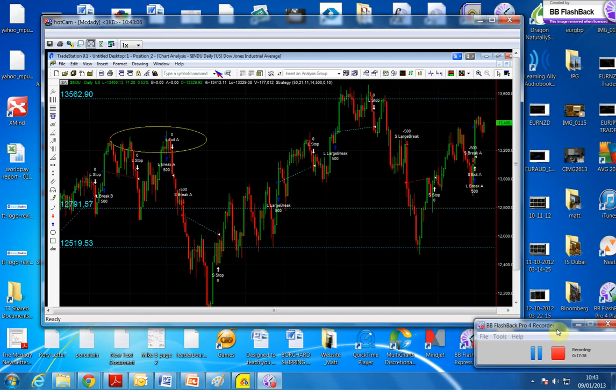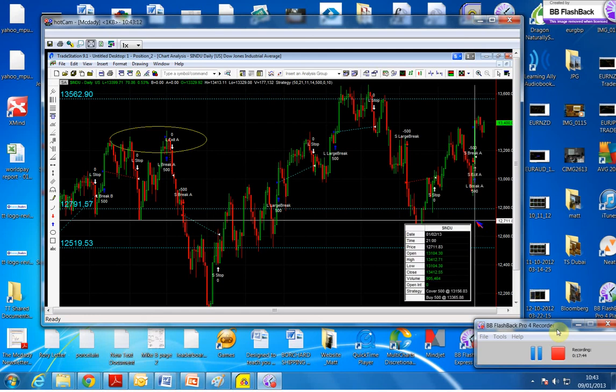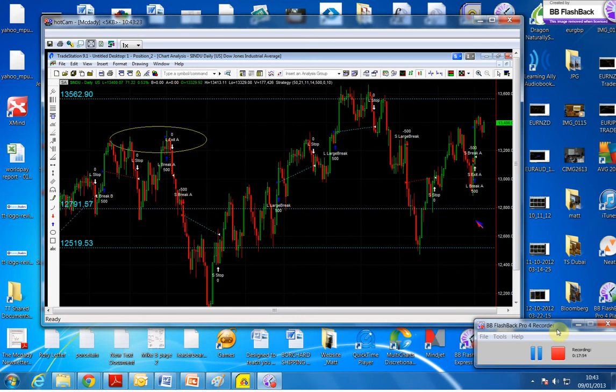Also the Dow is giving us a buy, actually a buy cover and reverse, at 13365. So it's about 35 pips away, not far away. We're close to the buy signal on the S&P and on the Dow.